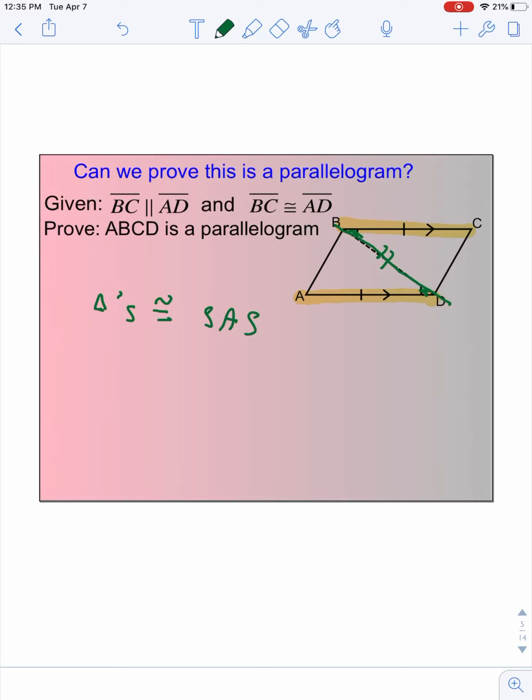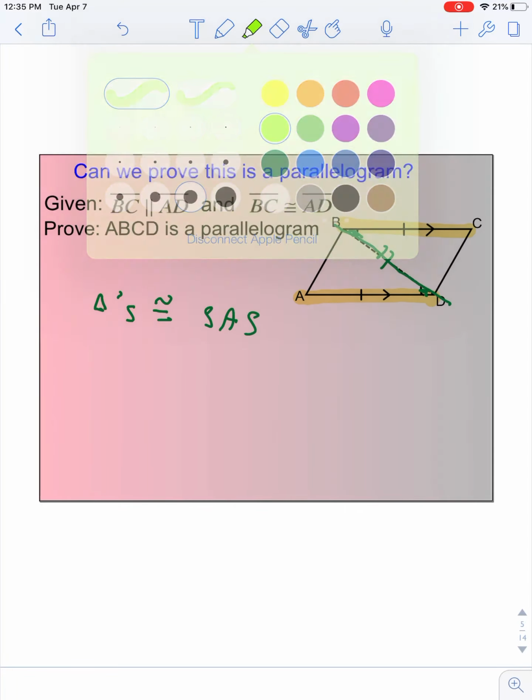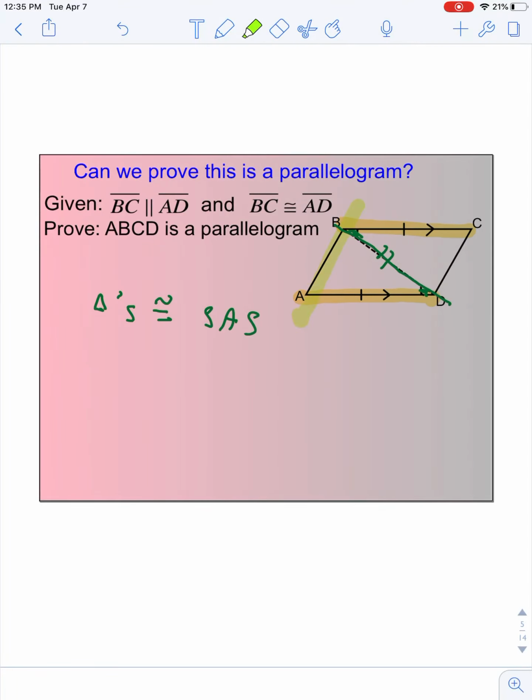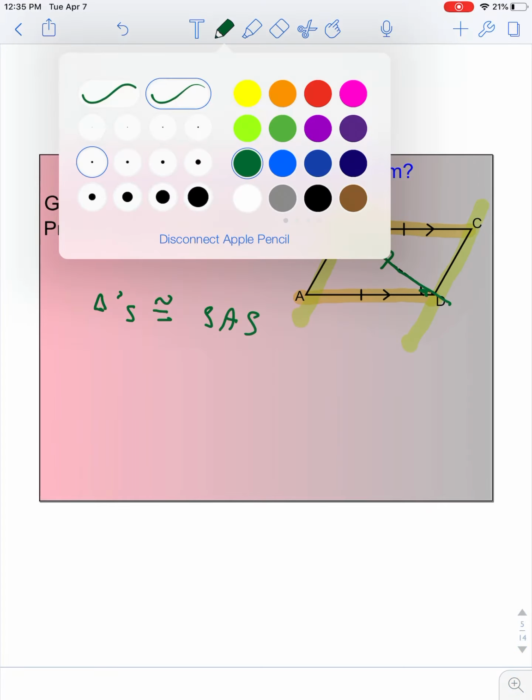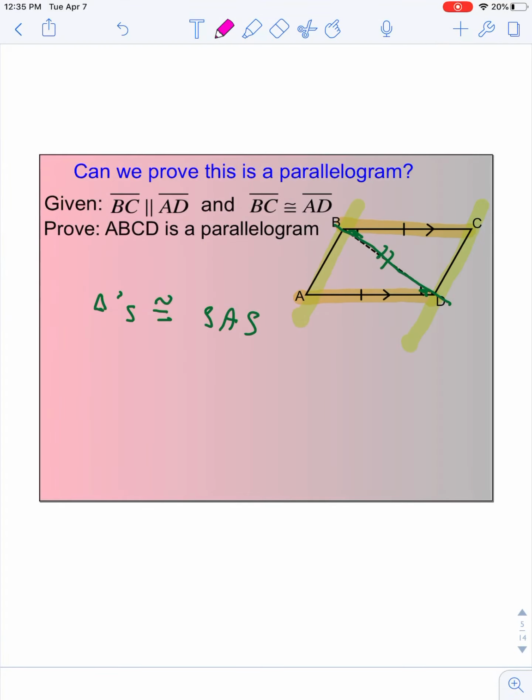And now once I have these two triangles congruent, then I will also be able to show that additional angles right here are congruent. These alternate interior angles right here, this alternate interior angle and this alternate interior angle, through CPCTC, I can get those angles that are congruent.